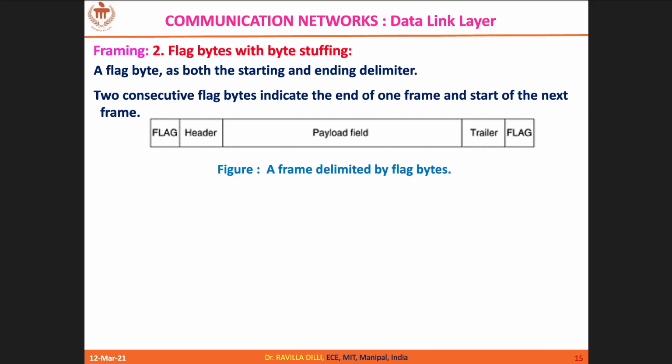Now, in order to identify the boundaries of the frame, you append this flag character at the beginning, which indicates the beginning of the frame. After the frame, at the end, you append one more flag. It indicates the end of the first frame and the beginning of the second frame. So like that it goes.